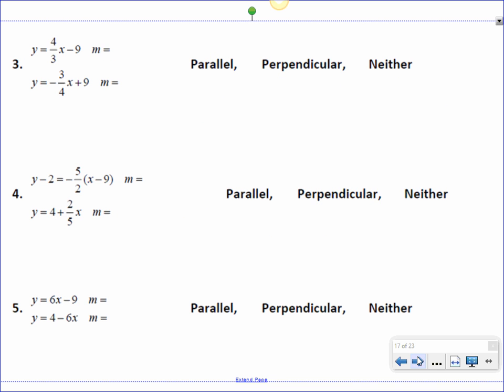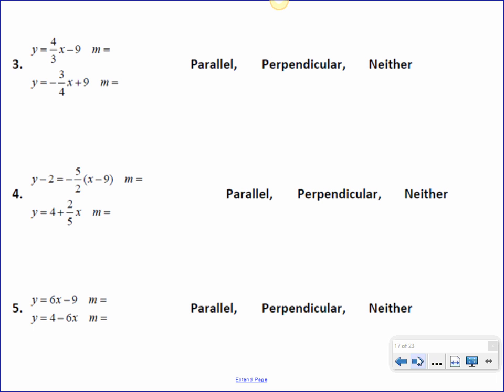Okay, for the next one, here's what we've got. We've got a +4/3. We've got a -3/4. They aren't the same, so they're not parallel. They have opposite signs, and they are flipped over, so those two would be the ones that we would consider perpendicular.